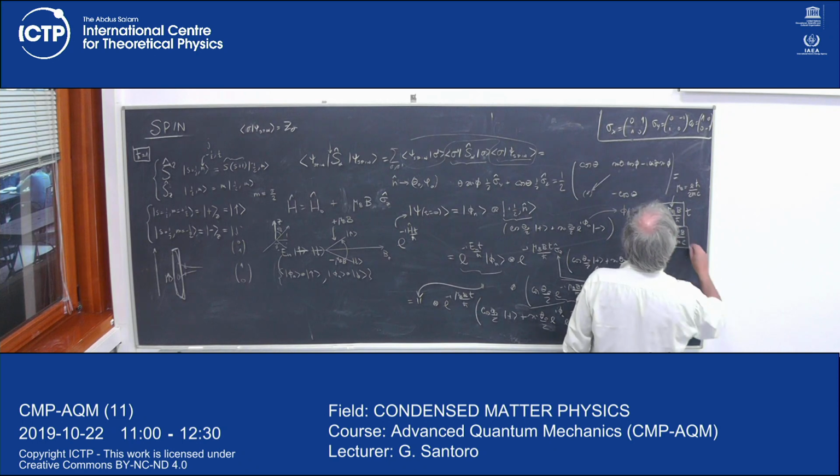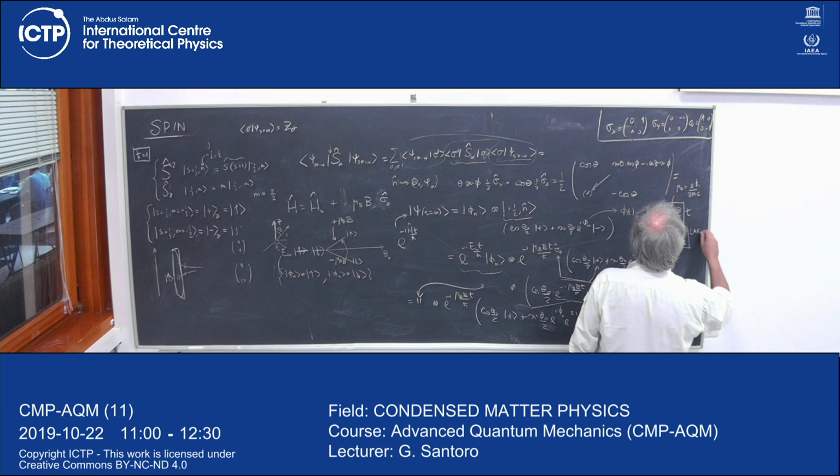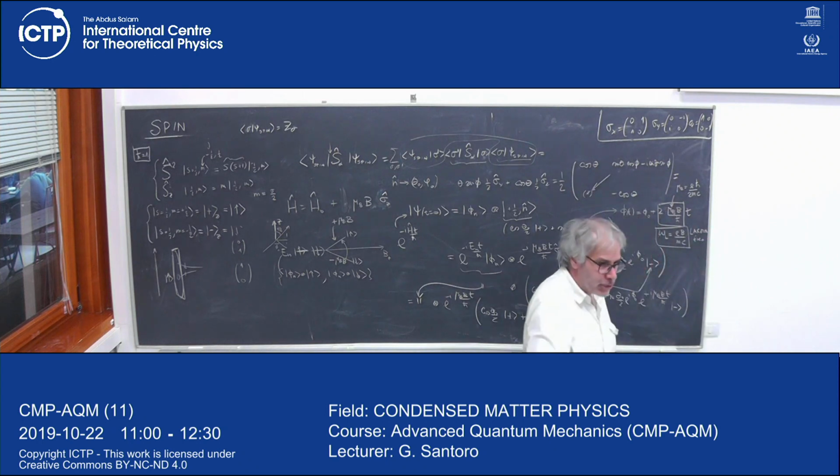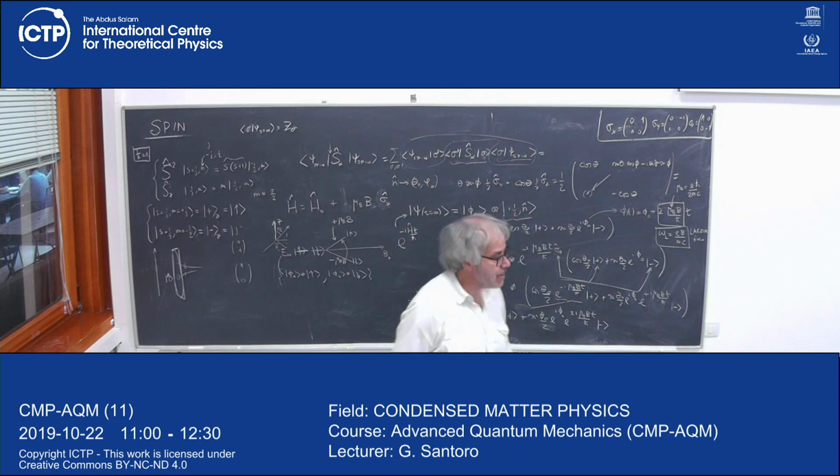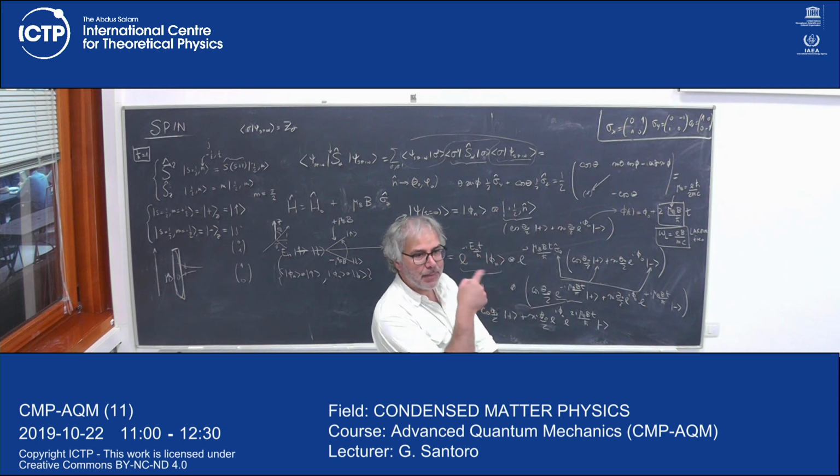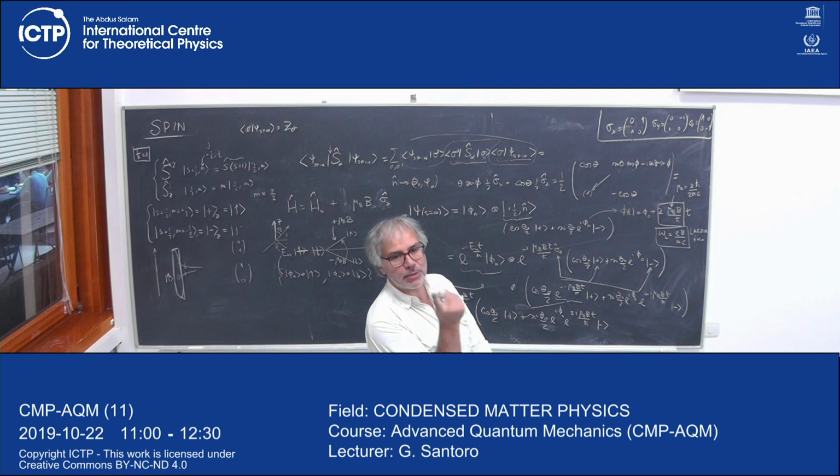This is called the Larmor frequency. It is in fact the frequency with which a charged particle would turn around a magnetic field due to the Lorentz force. So the spin precesses with exactly the Larmor frequency around the z-axis. Okay?